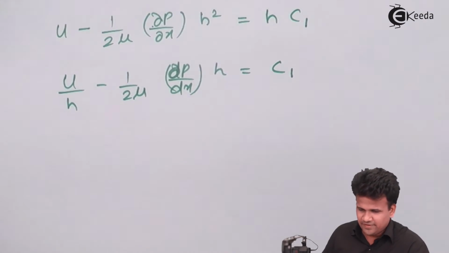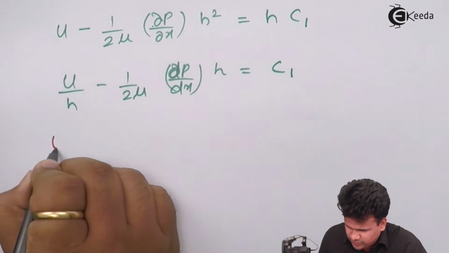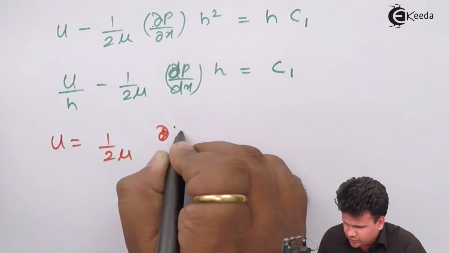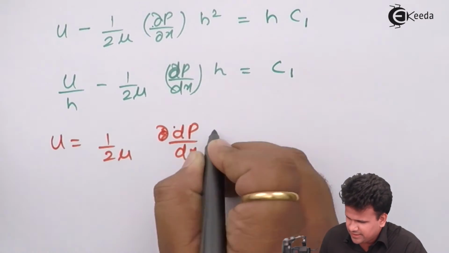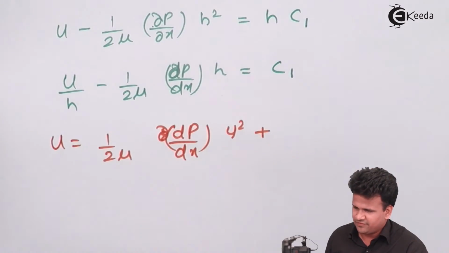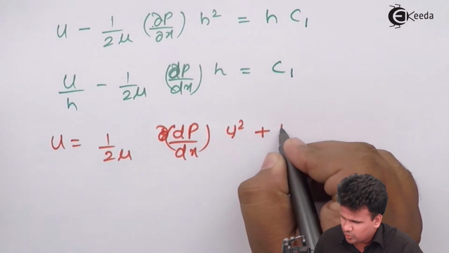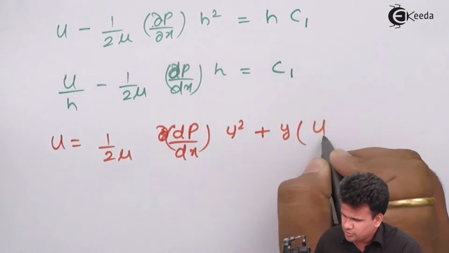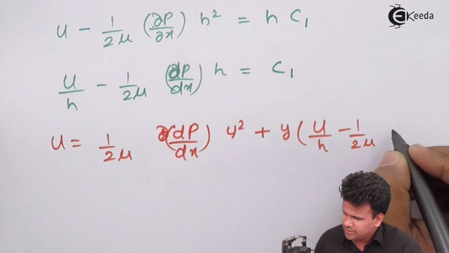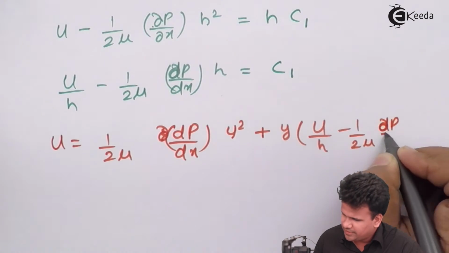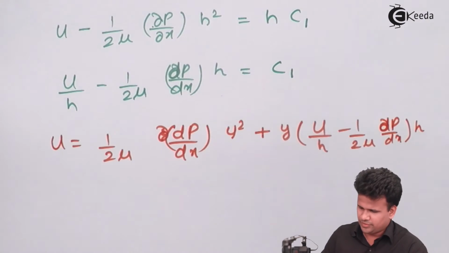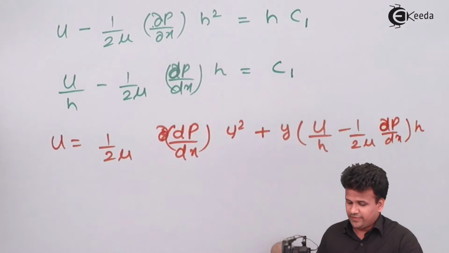Now our previous equation was u = 1/(2 mu) dp/dx * y^2 plus y times the value of c1, which we substitute: y into (U/h minus 1/(2 mu) dp/dx * h). Now let us evaluate this part.